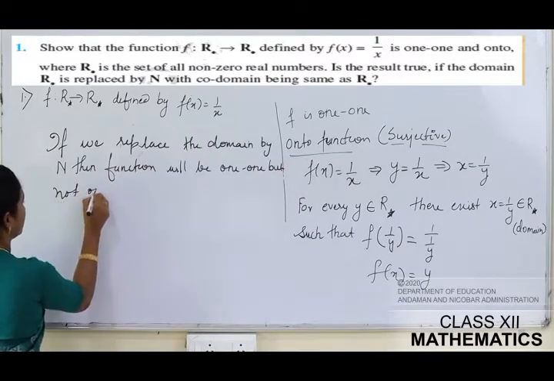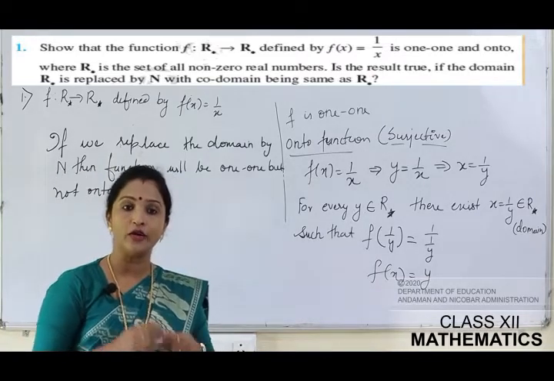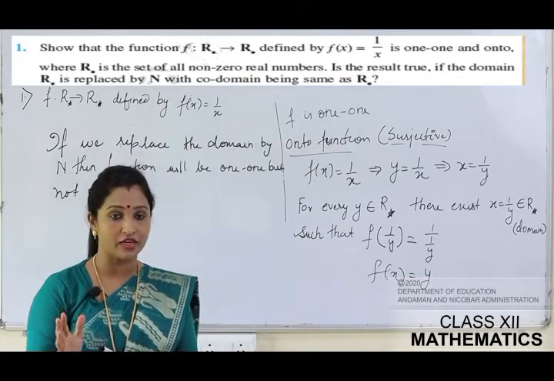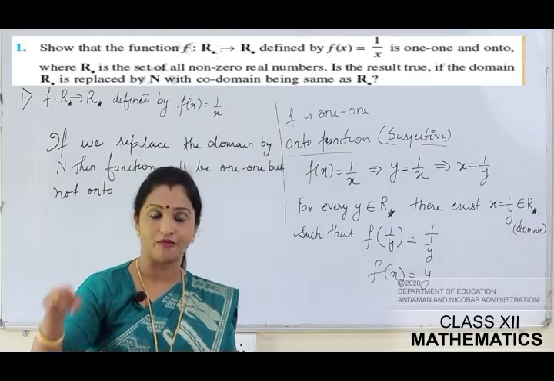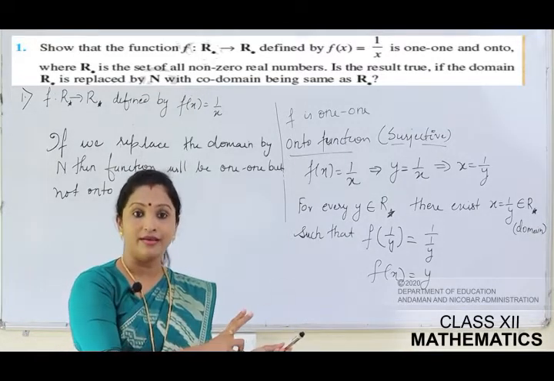I'll tell you why it is not onto. Onto fully depends on the codomain, because what is the definition? Each and every element of y will be the image of some or other element of x, that means the domain.